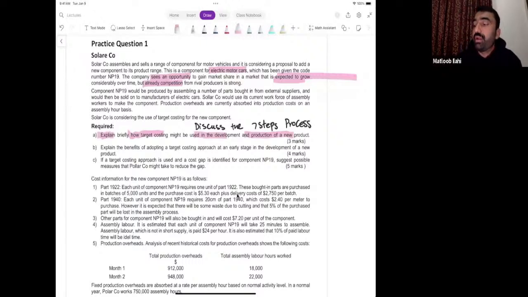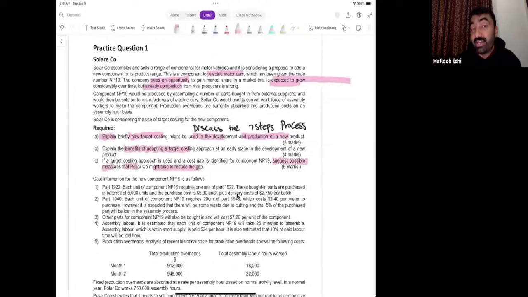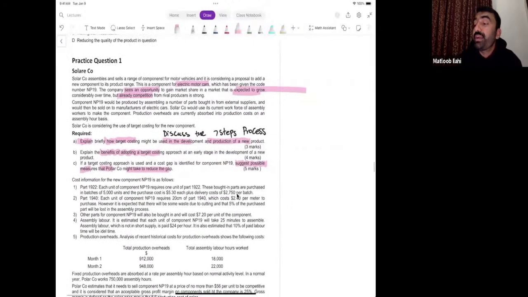We have discussed already what the benefits are of adopting a target costing approach at an early stage in the development of a new product. And C: if a target costing approach is used and a cost gap is identified for component NP19, suggest possible measures that SolarCo might take to reduce the gap. You have to suggest. Now, this question is more practical.